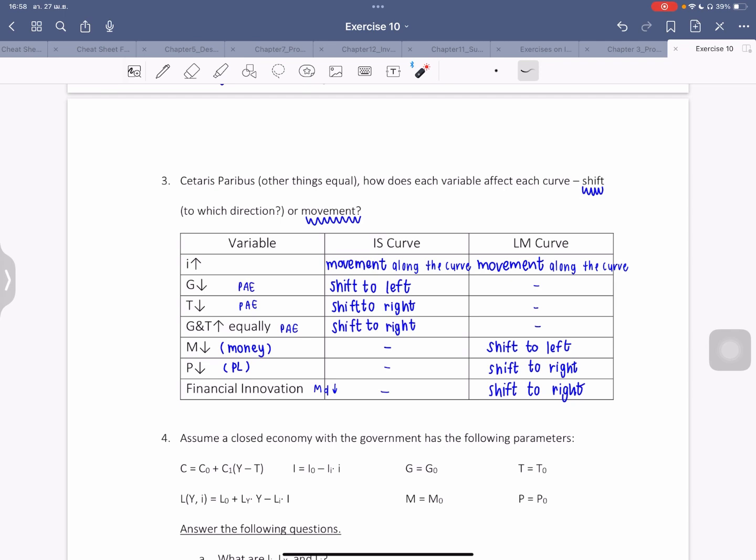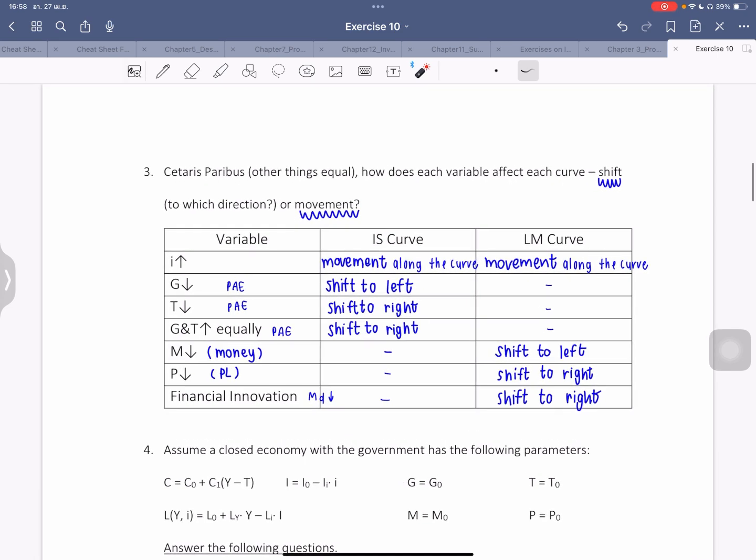Next question: how does each variable affect each curve? Shift in which direction, or movement? So first, an interest rate increase affects both the IS and LM curves as a movement along the curve.